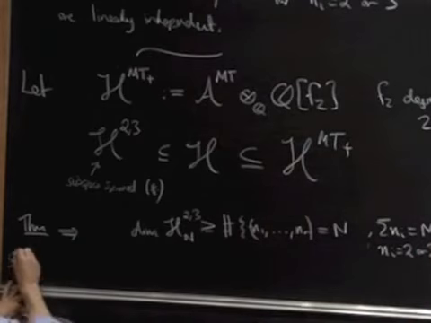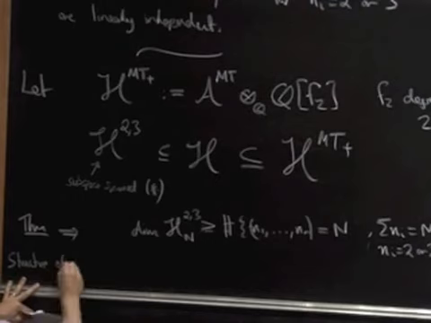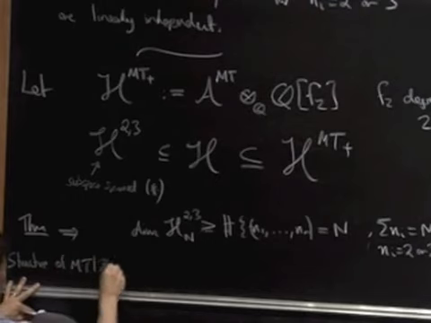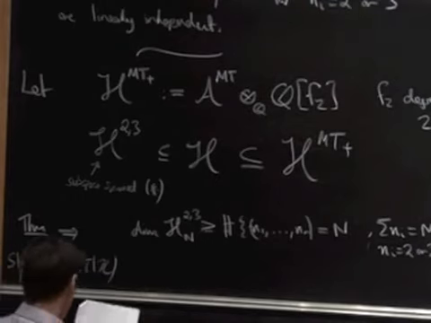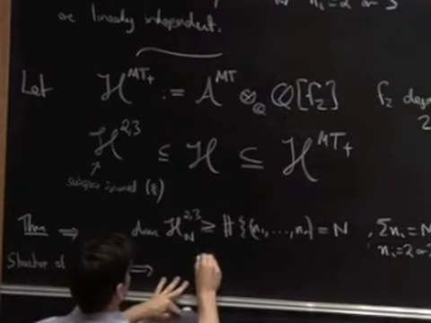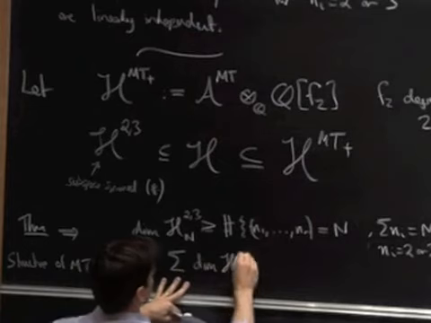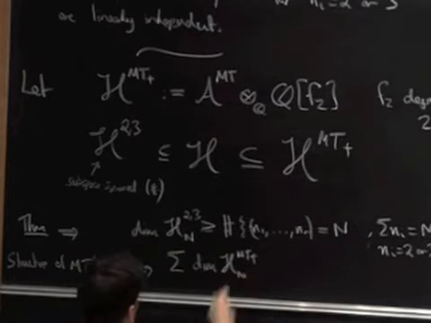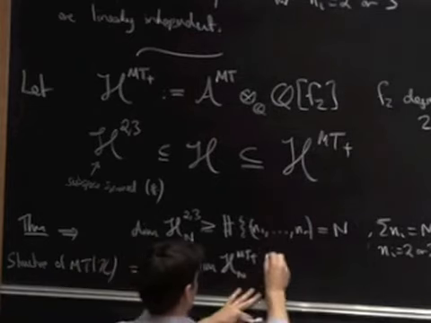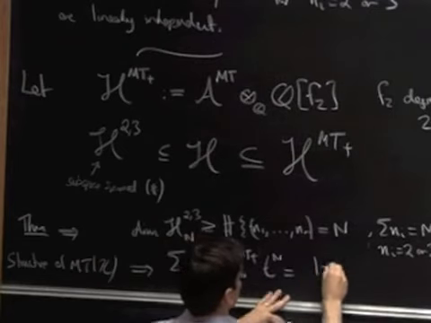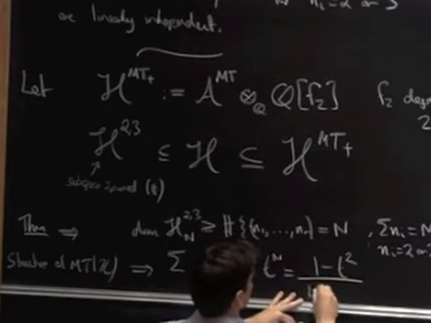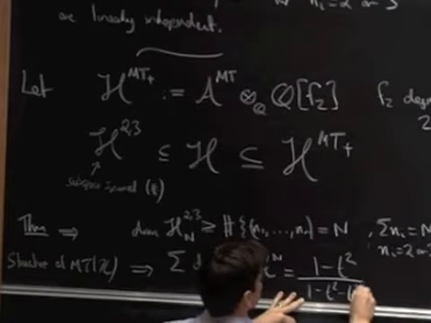And then all this business about the structure of the category of mixed-state motives, the calculation I did earlier, shows that in fact the generating function for the dimensions of this space is exactly 1 minus t squared over 1 minus t squared minus t cubed.